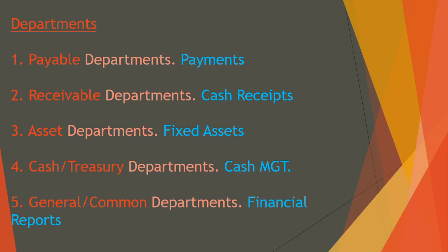Then under the asset department, we have fixed assets. This is where fixed assets are managed, and all the processes that relate to acquiring a new fixed asset and maybe disposing or retiring an old asset. All those processes are done in the asset department.